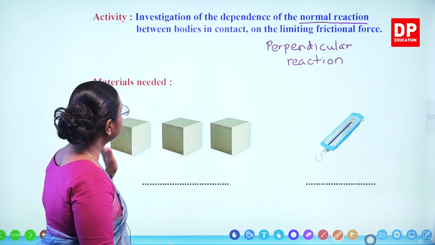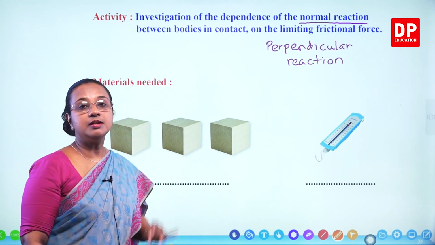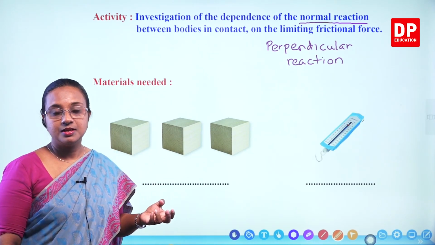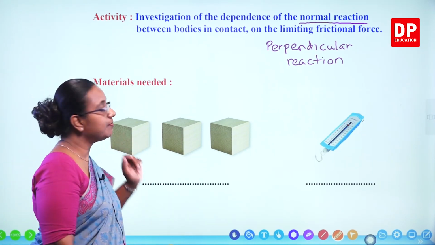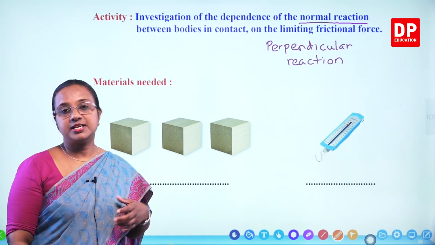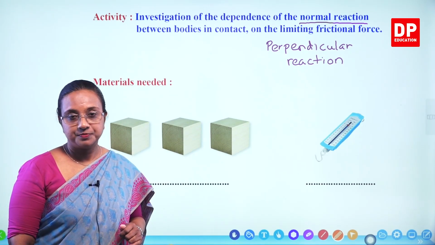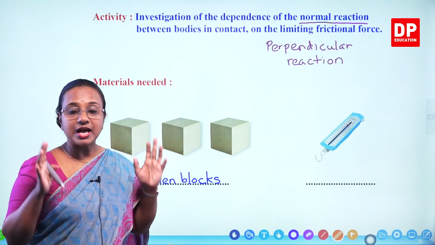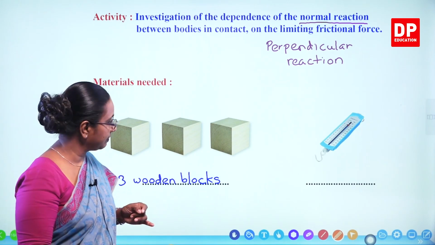So for that, we will need 3 wooden blocks. Blocks of the same weight, or you can use one block and other objects with different weight. So here we will be using 3 wooden blocks. So they are similar wooden blocks. They are not identical, but they are similar.